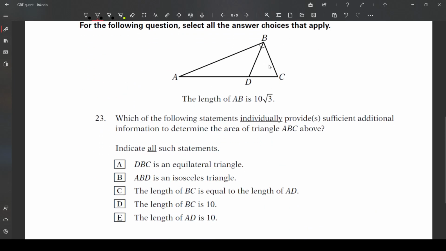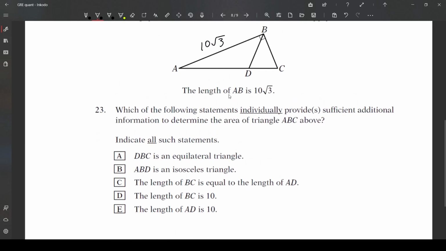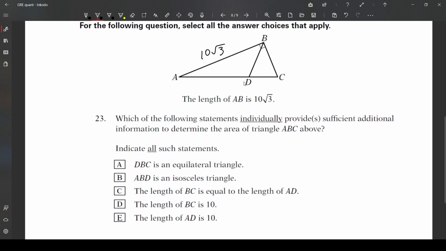All right, AB is 10 root 3. Which of the following statements individually provides sufficient additional information to determine the area? Okay. So if we knew... Alright, let's think.